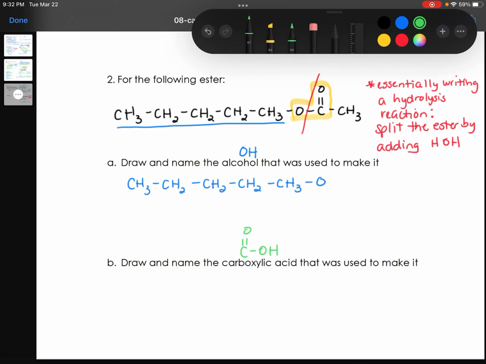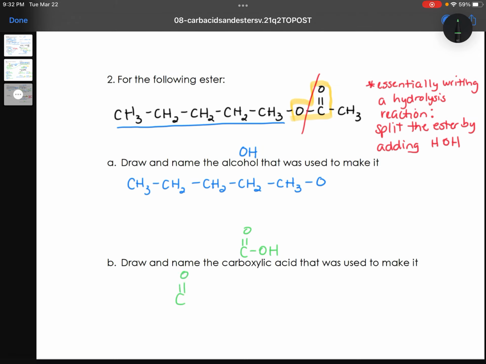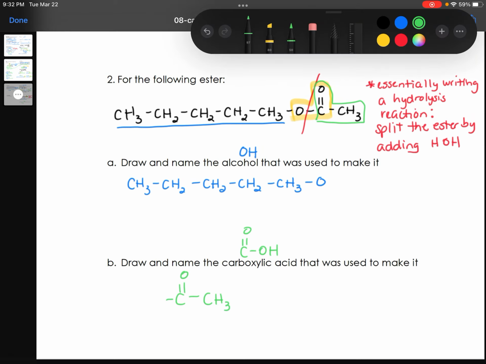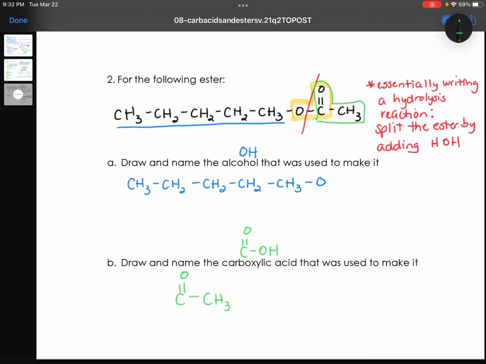And then the other side, including the C double bond O, will be the acid.